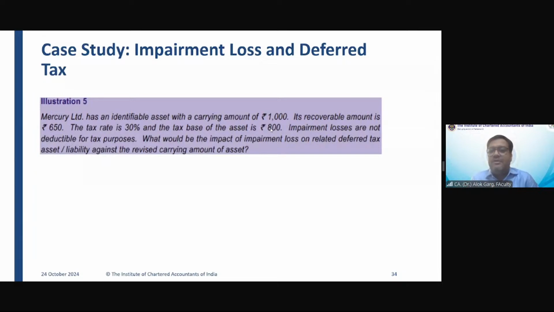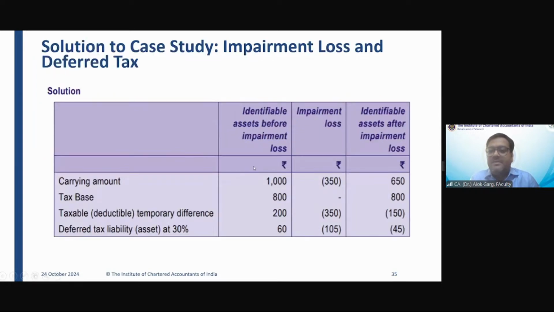What is my carrying value in tax? 800. What is the difference? 150. 150 is the difference in value. What is my tax rate? 30%. 150 multiplied by 30% is 45. 45 is the value of deferred tax asset. Correct?